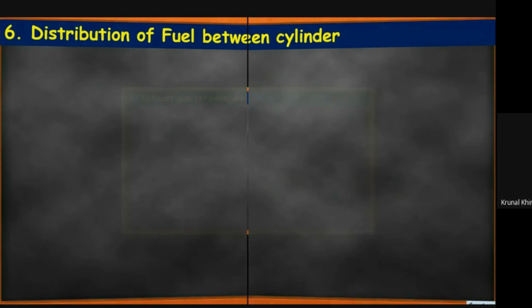Now the exhaust gas temperature, this is the 7th point. We know that the efficiency of the CI engine is greater than the efficiency of the SI engine. So the heat supplied is majorly utilized in the CI engine.